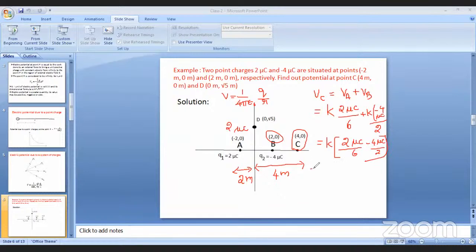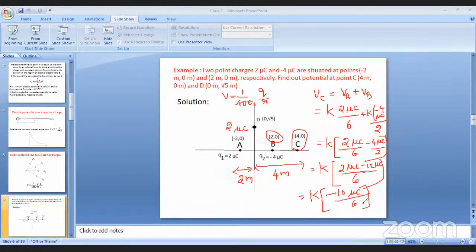Taking K as common, you have to take LCM 6, that is 2 microcoulomb minus 3 into 4, that is 12 microcoulomb. So this is K times (2 minus 12), that is 10 microcoulomb divided by 6.